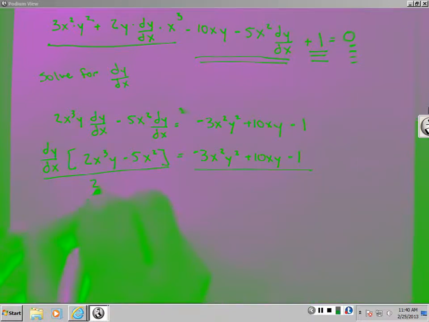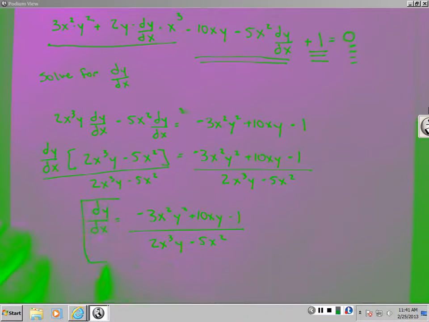Divide both sides by 2x cubed y minus 5x squared, and it gives me my answer for dy dx: minus 3x squared y squared plus 10xy minus 1 over 2x cubed y minus 5x squared.